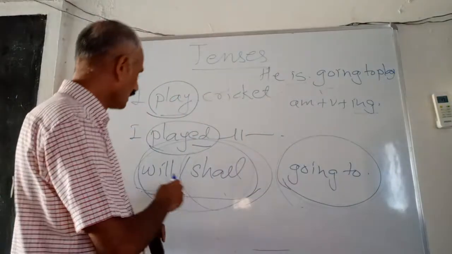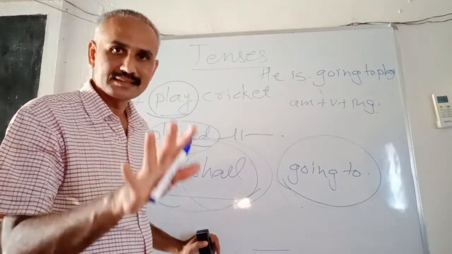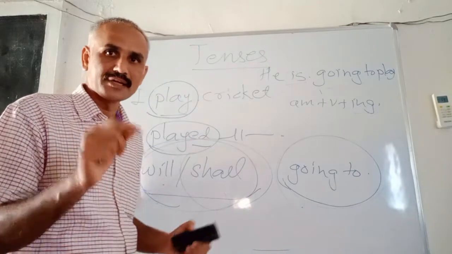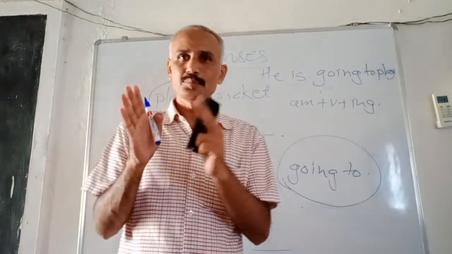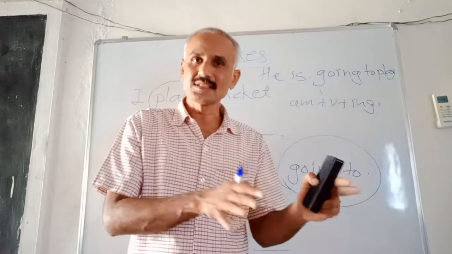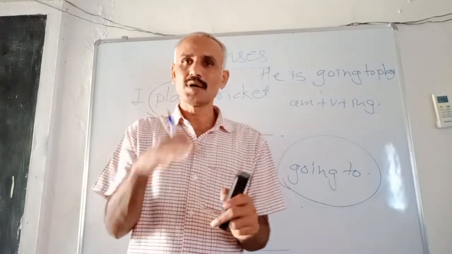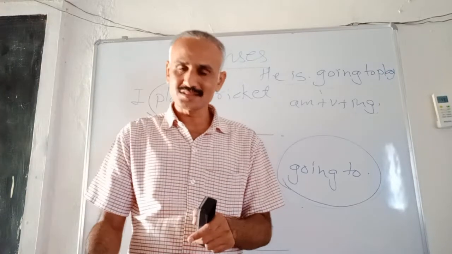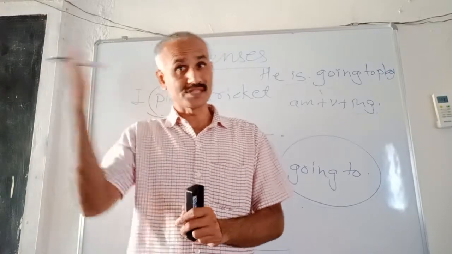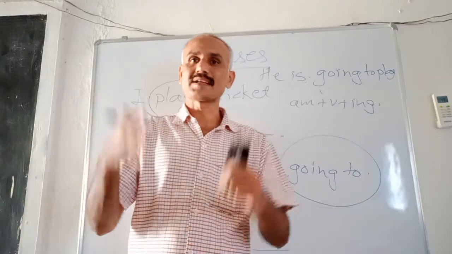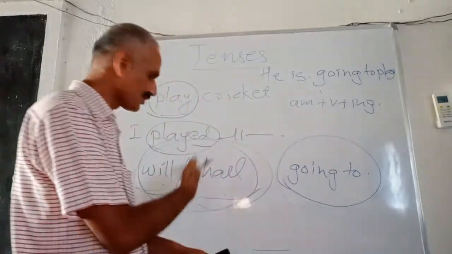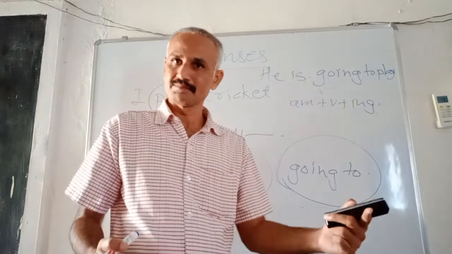So the future tense doesn't exist. Basically we have two tenses, the present tense and past tense. We are going to study all three tenses, though I am denying that the future tense exists, but we have to show the future time, and some mechanism has to be there, and will or shall will help us to show the future time.